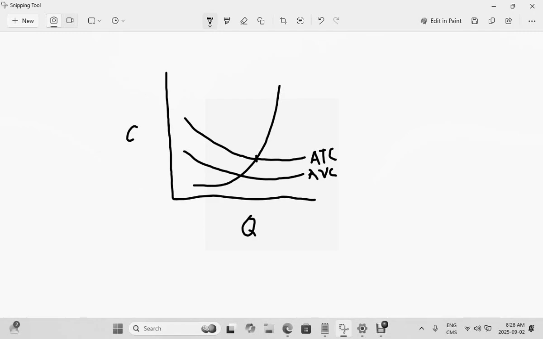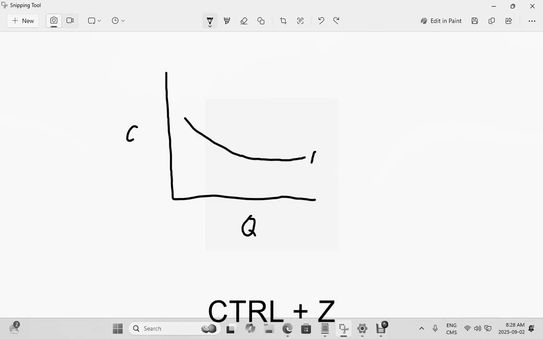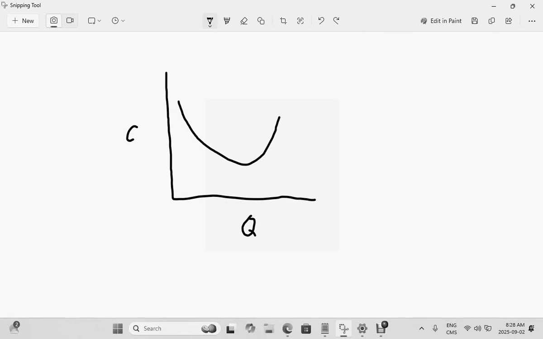Now, let me draw this a little more clearly. So this would be your ATC, and this is your MC.